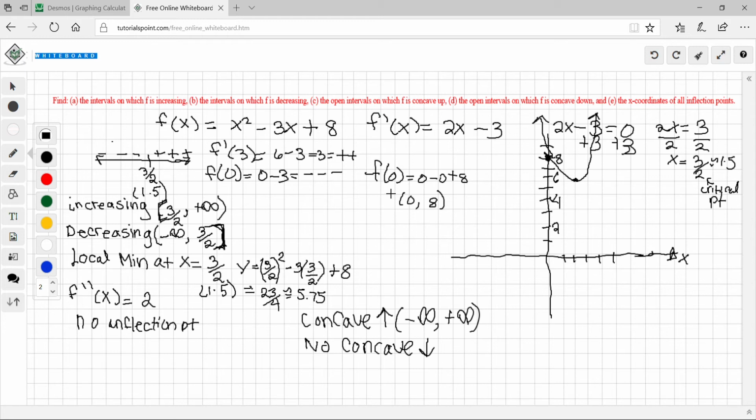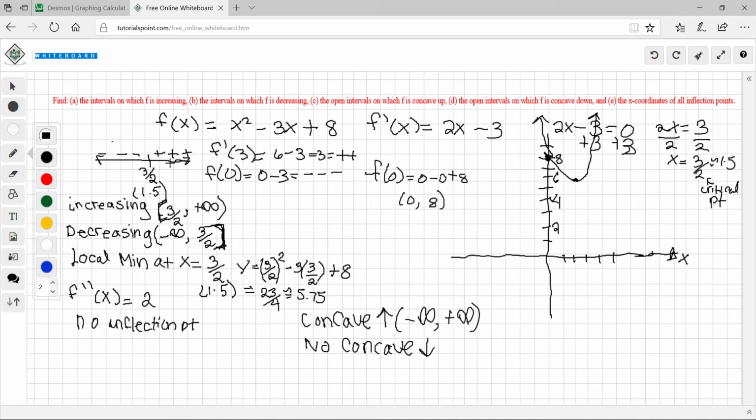You just plug in points. I used positive 3, and that tells me the right side is positive. On the left side I used 0 because it's less than 3/2, and you get a negative. That's how you know where it's increasing and decreasing. For our local min, whenever you have a negative and then a positive, that's a local min.